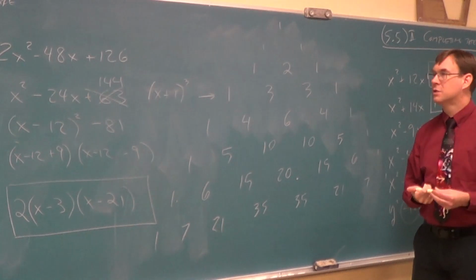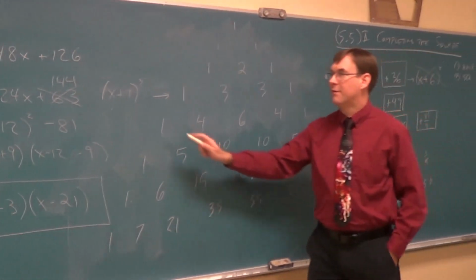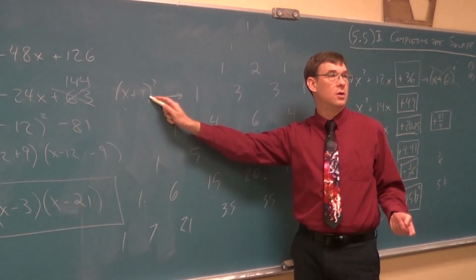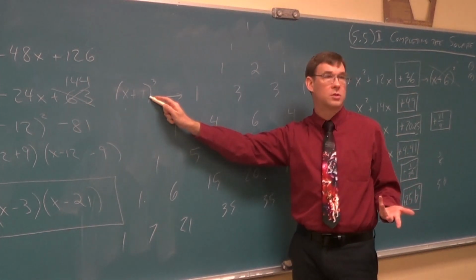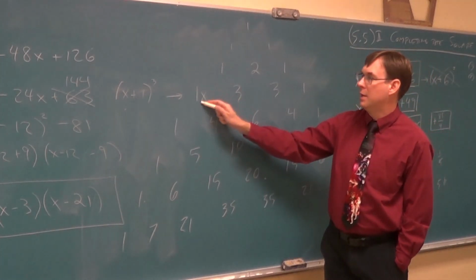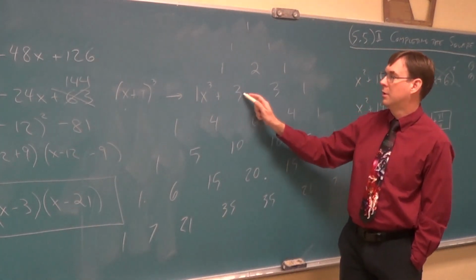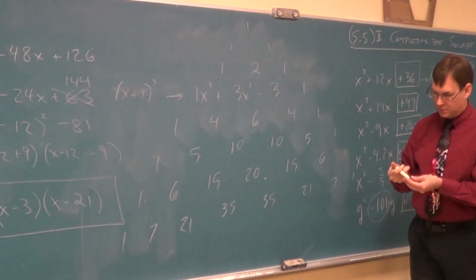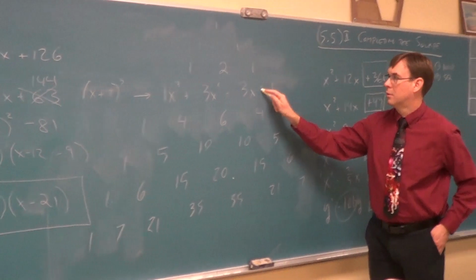Okay. So here's something I could do with this. If I want to go x plus 1 cubed, if you remember us doing some cubes, like the first day we foiled, we did cubes. x plus 1 cubed would be x cubed plus 3x squared plus 3x plus 1.